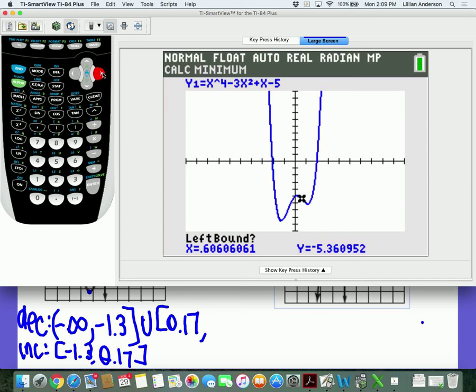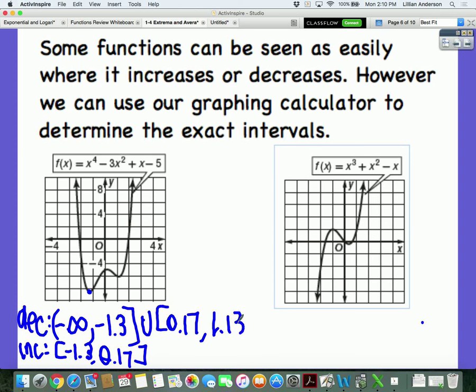Again, move your cursor closer to the minimum so the calculator knows I want this point, not the max. I'm going to get close to it. Right bound. Double check, make sure my arrows lie in between, and guess.